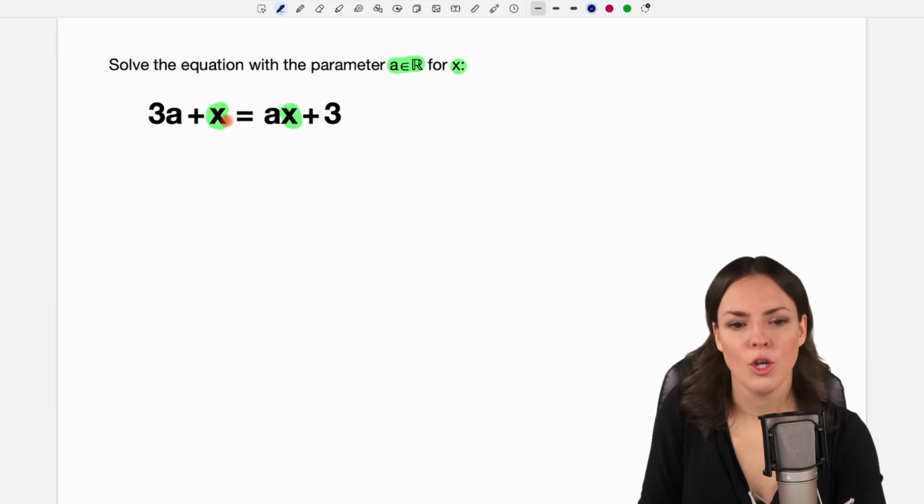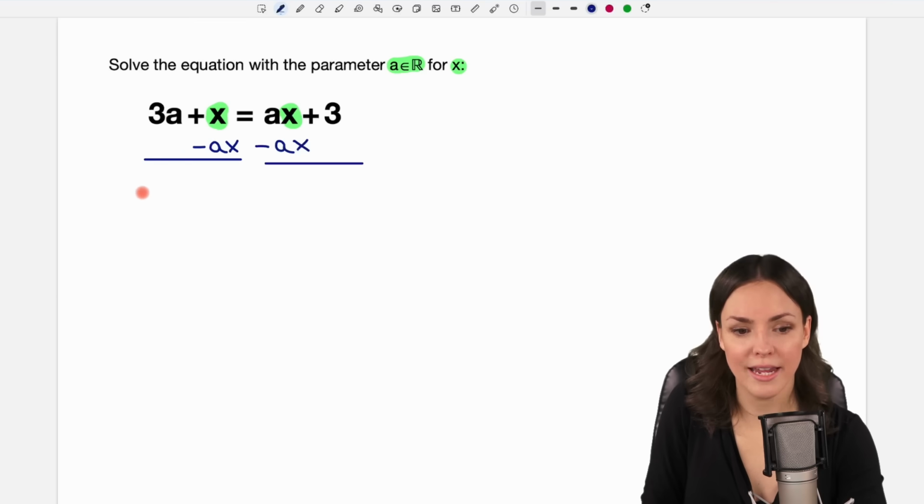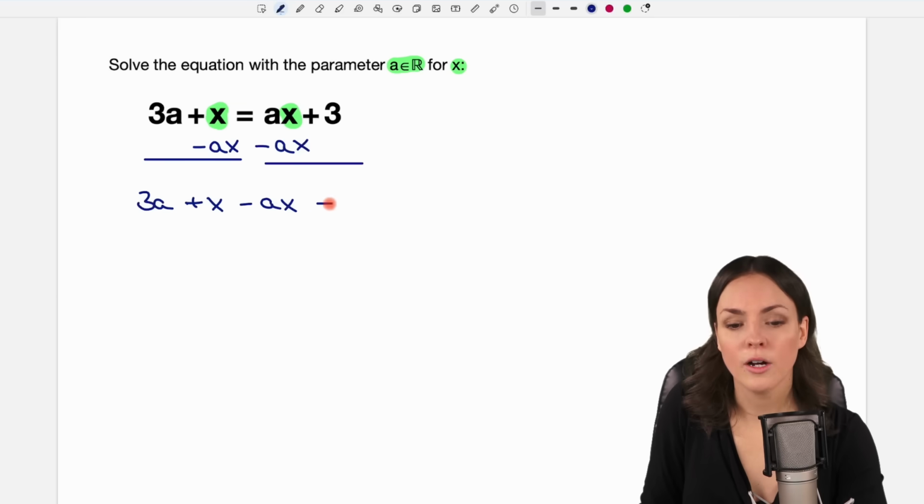So let's bring this part here without x to the left side by subtracting a times x on both sides of the equation, so that we get 3a here plus our x minus the ax. On the other side, these two cancel out and only our 3 is left.